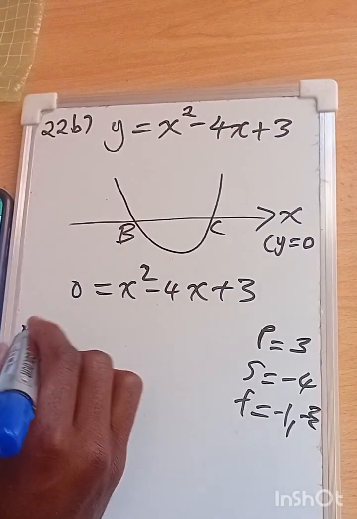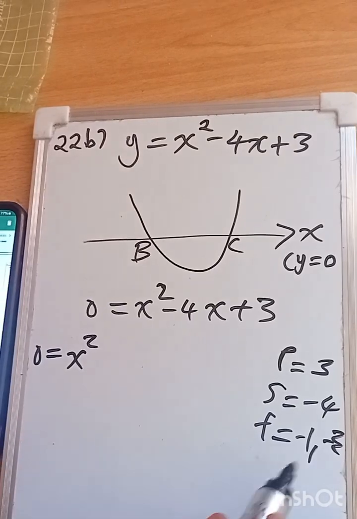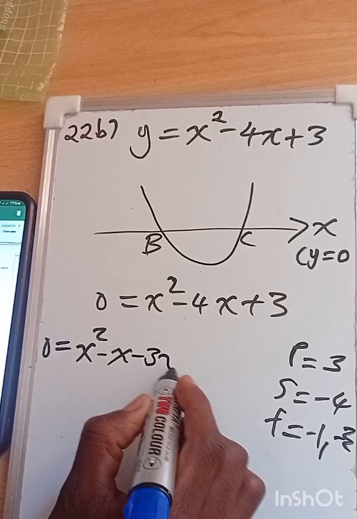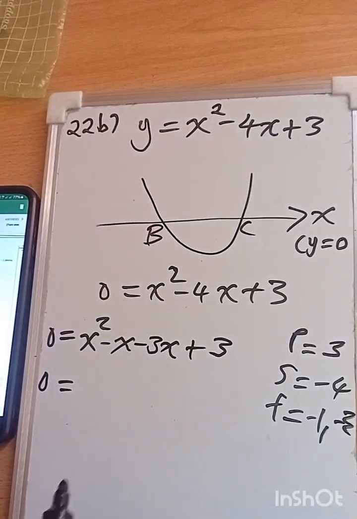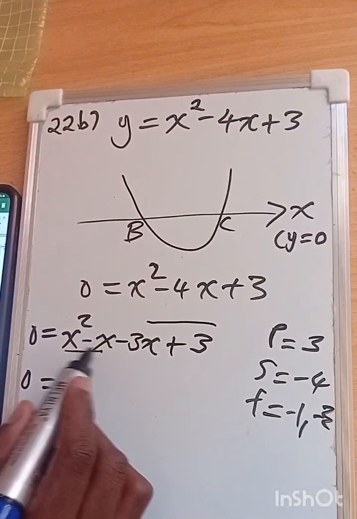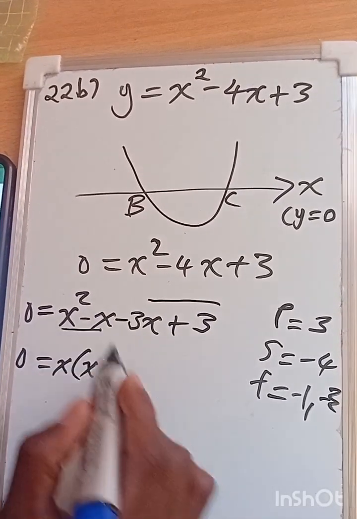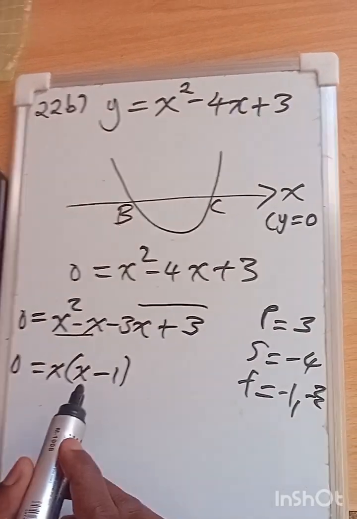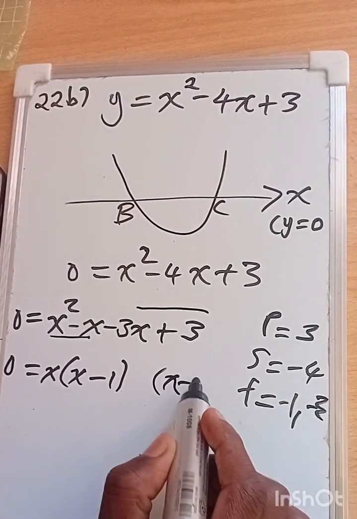So you write 0 equals x squared, then you rewrite this -4x in terms of the factors: -x, which is from the -1, -3x, which is from the -3, then plus 3. Then you factorize. You pair this and that. x is common, then you remain with 1 there. Then x into x, you have a 1. Whatever will be in the brackets will be x minus 1.